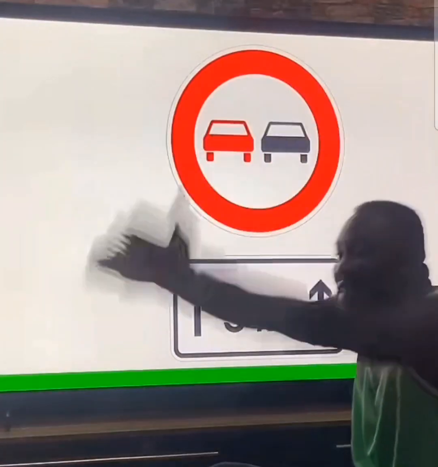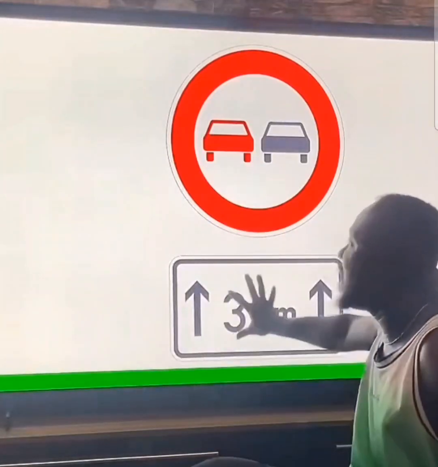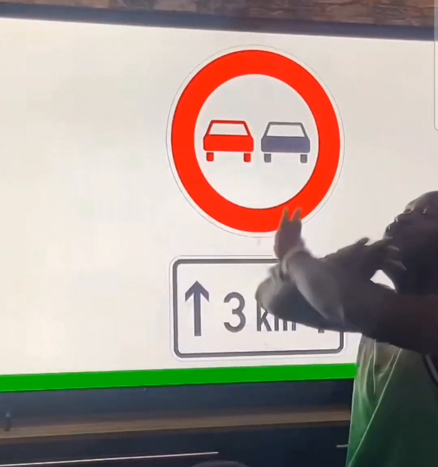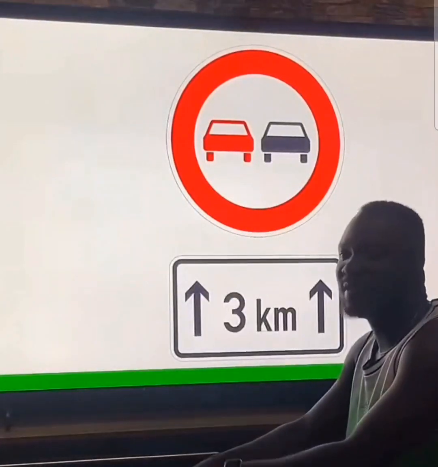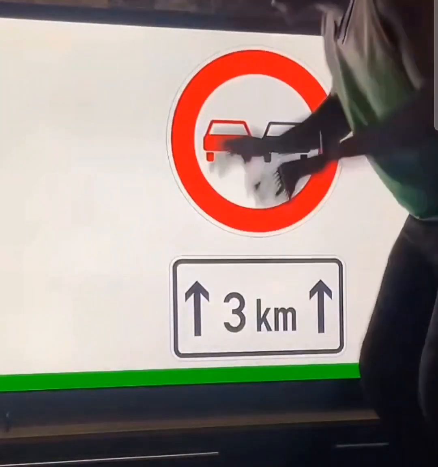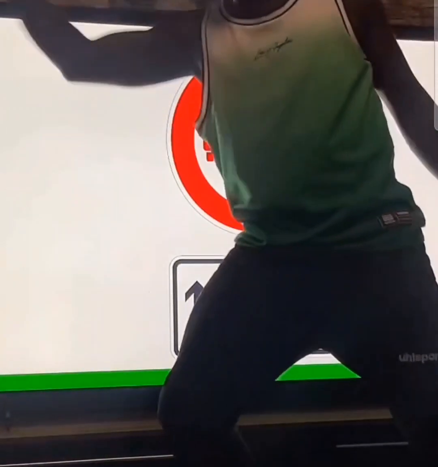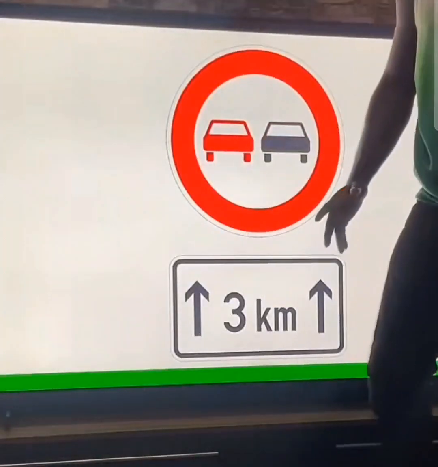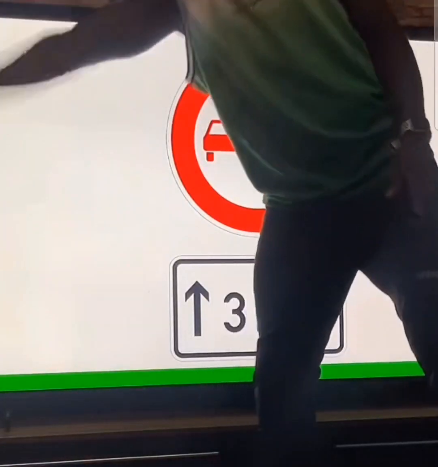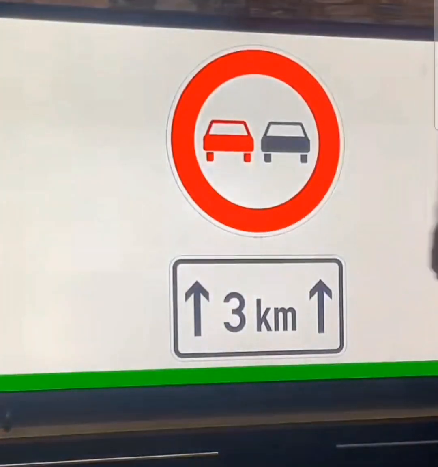From the moment where we saw this sign, for another 3 kilometers long, we are not allowed to overtake.